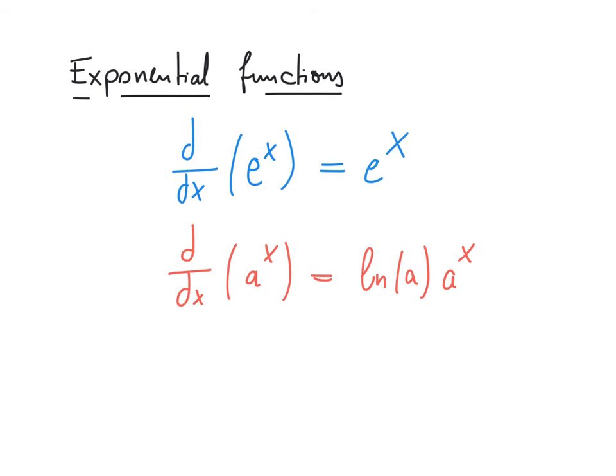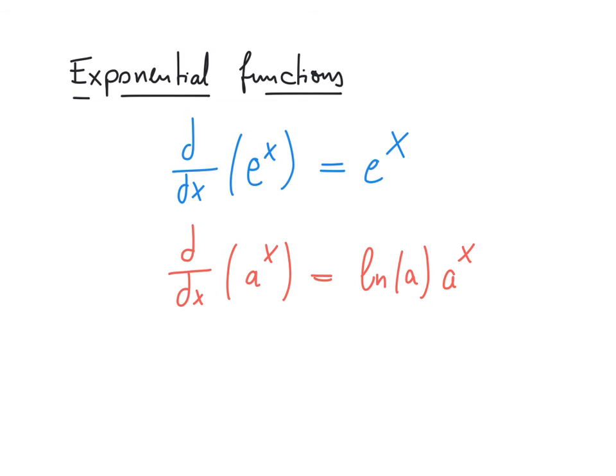But it is important to keep in mind that this very simple relation is only true for the base e here. If the base is a, so any other number instead, this identity becomes not quite as nice, but still pretty nice. The derivative of a to the x is ln a times a to the x. So we just have to multiply now by the logarithm of the base.